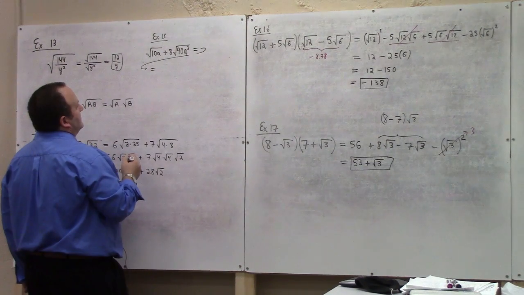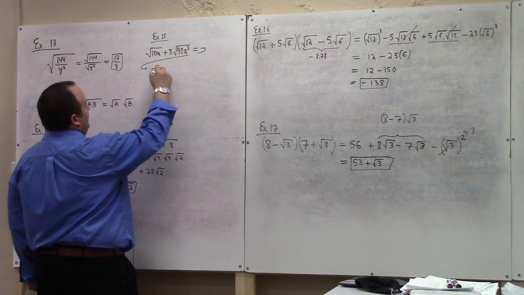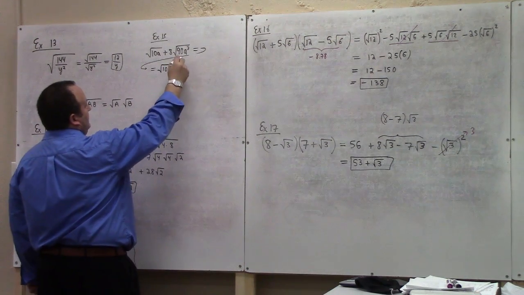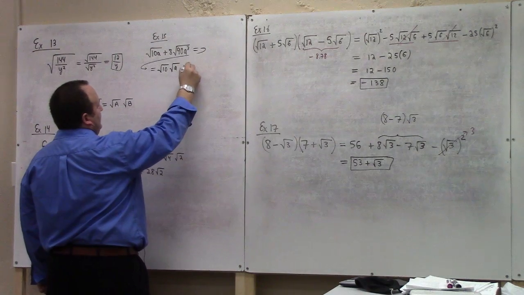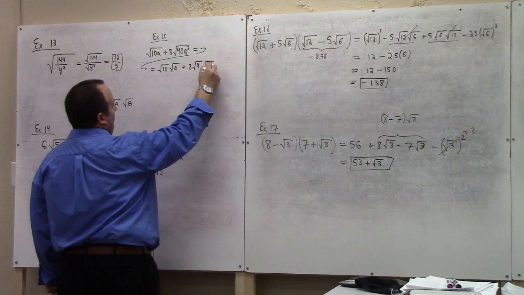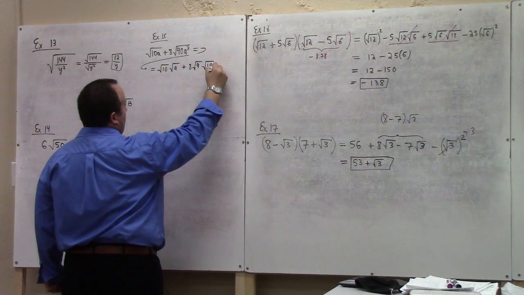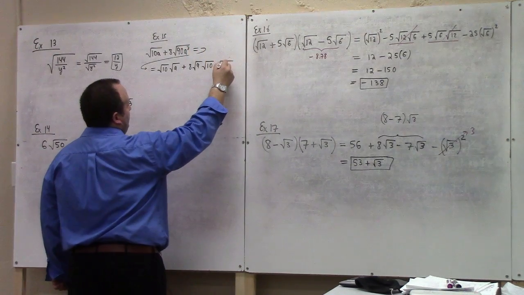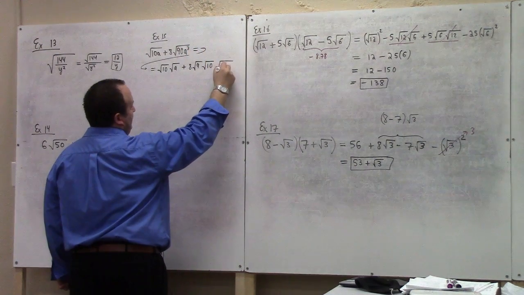Let's see here. I've got square root of 10 times the square root of a, plus 8 times the square root of 9 times the square root of 10, right? Times the square root of a cubed, which I could write as, well, I can leave it as a cubed if you like.